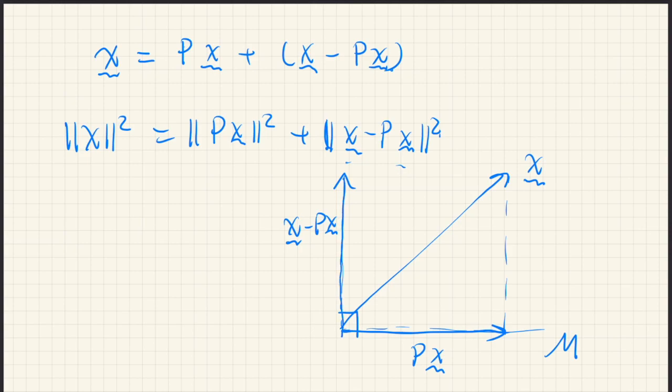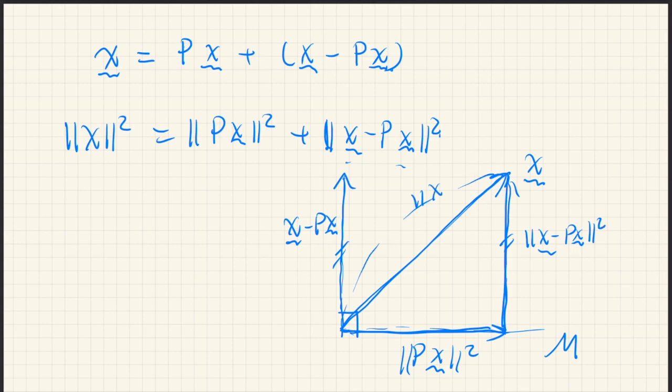So of course this vector is the same as this vector. So we have the Pythagorean theorem for this. The norm of px squared plus the norm of x minus px squared is equal to the norm of x squared. So that's the Pythagorean theorem, exactly.